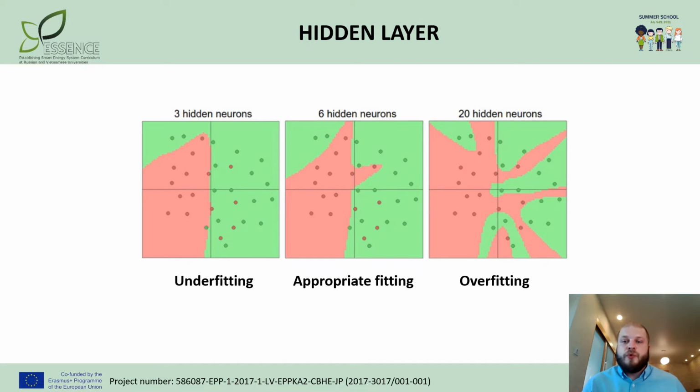The data is shown in these diagrams in circles, and the circles are colored by the needed class. The decision regions by a trained neural network are shown in red and green colors as well.